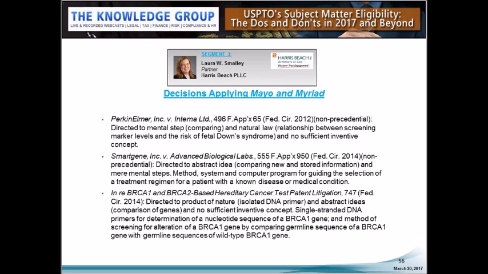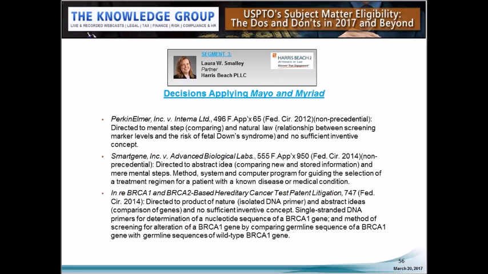After the decisions in Mayo and Myriad, the Federal Circuit decided a number of subject matter eligibility cases regarding life science and biotechnology patents. Many of these decisions found that the claims were directed to an abstract idea or a natural phenomenon, and that the claims did not demonstrate a sufficient inventive concept to make them patent eligible.